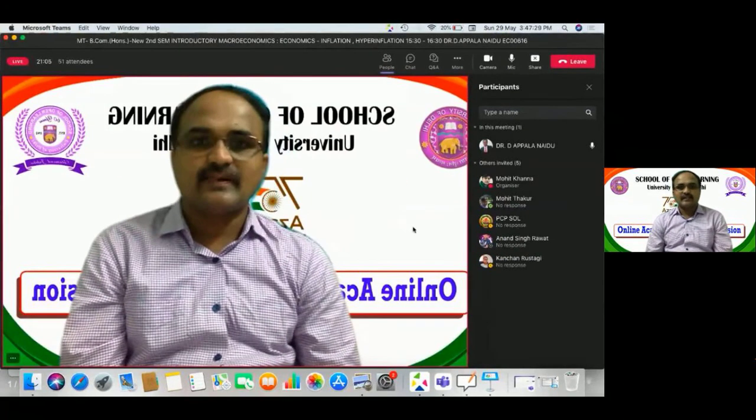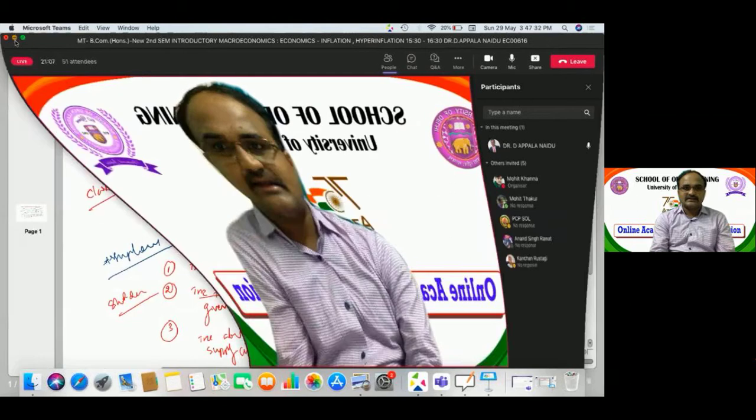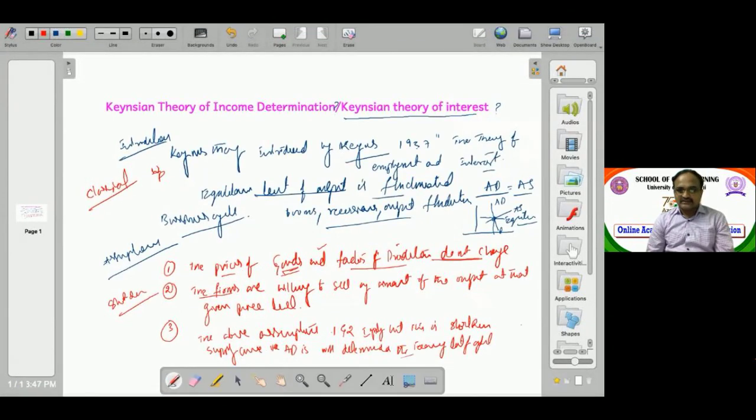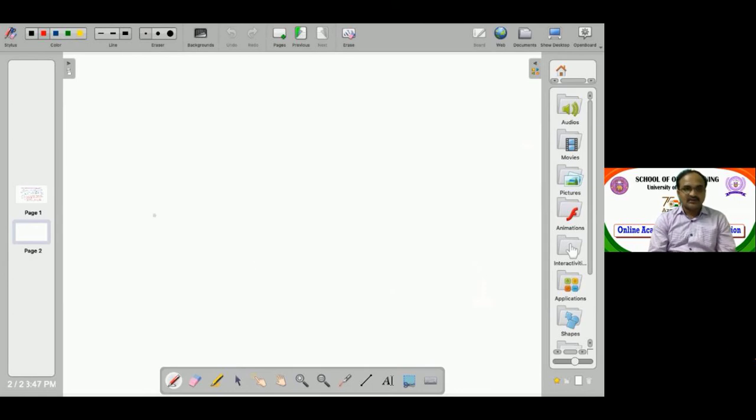That means the entire aggregate demand is determined by other factors too, which is what we are discussing here. What are the other factors? For example, we need to discuss here what aggregate demand is. So in this Keynes theory, the entire output is, what is the output?